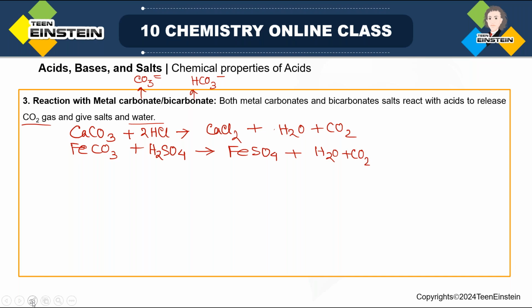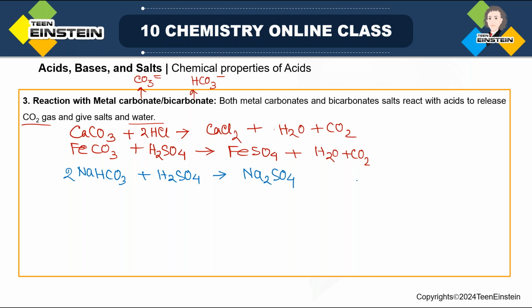Now if you are thinking why not take bicarbonate, that example we have not seen yet. So let's take NaHCO3. So when NaHCO3 reacts with H2SO4, again the cationic part Na will react with sulfate and form Na2SO4. Now to balance it, 2 sodium as we have already written, so you have to write 2 here.